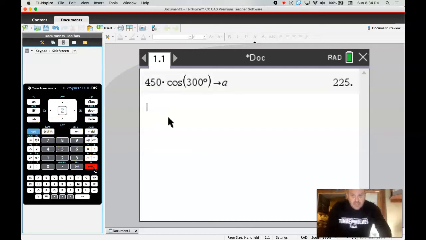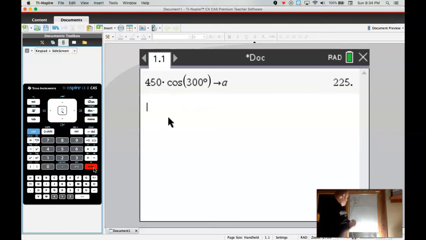That's going to get me 225 for the horizontal component of my vector.